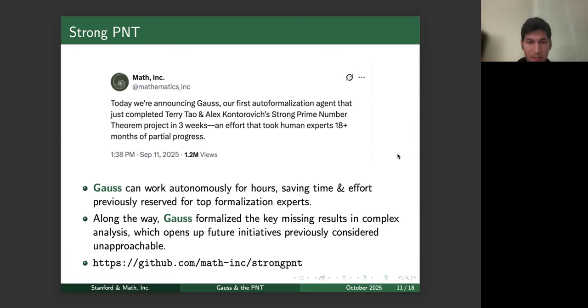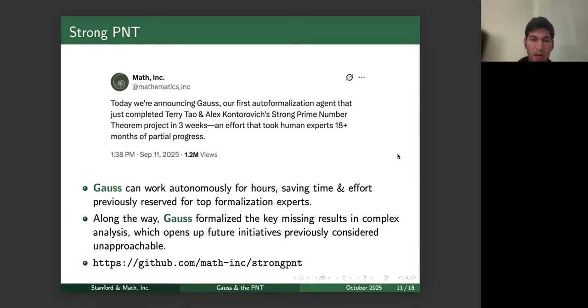This was previously quite a laborious process. Along the way, Gauss was able to formalize this key missing result in complex analysis, namely the zero-free region for the zeta function, as well as a number of very basic complex analysis results you might see in a graduate course.